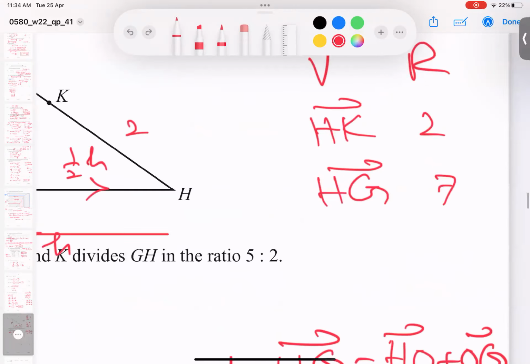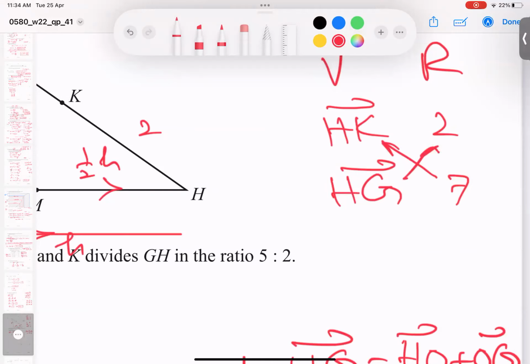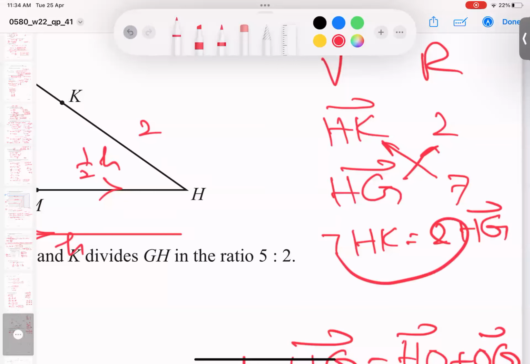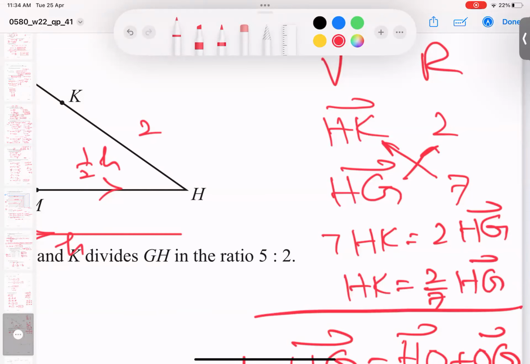Now here I do cross multiply: 7 times HK equal to 2 times HG. 7 will divide under it, and we got HK equals 2 over 7 HG. So this part is clear.